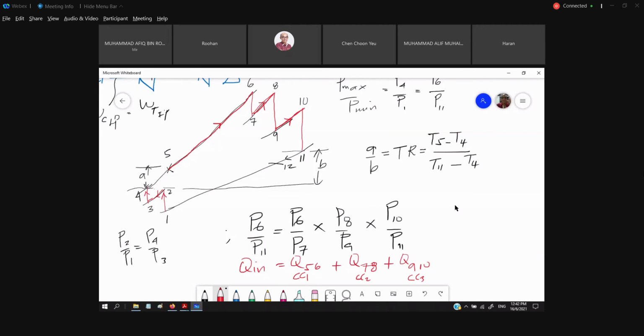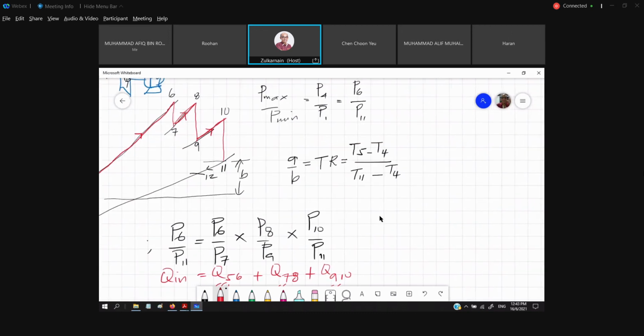Okay? And if you want to get the value of T12, as I mentioned in the class, T12 is only obtained, or we could determine T12, if the question asks for the value of T12. And this is equal to T11 minus T12 divided by T11 minus T4.